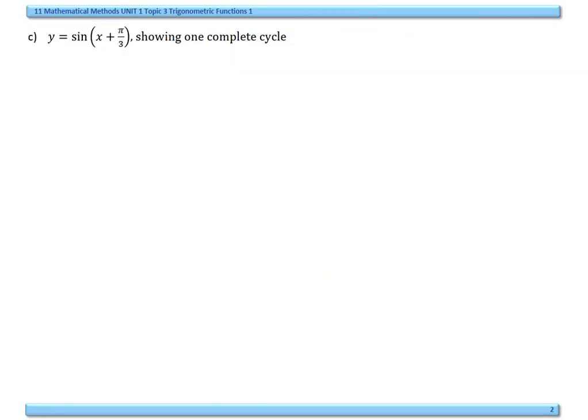Now let's look at one more that's going to be a little bit more complicated. Okay, it's a basic sine curve. So it looks like that. Amplitude is 1. Period is still 2 pi. There's nothing happening in front of that x.